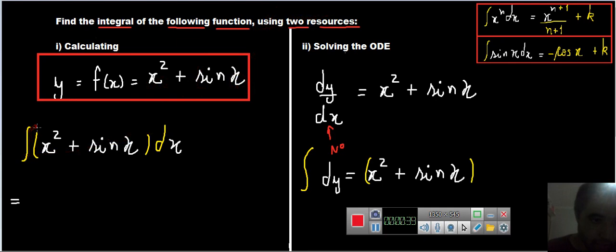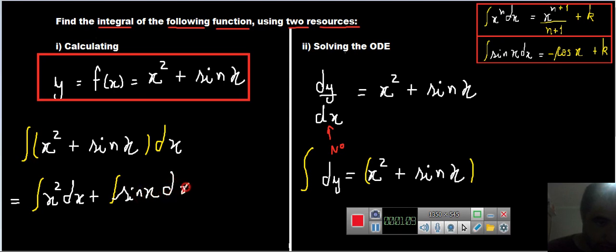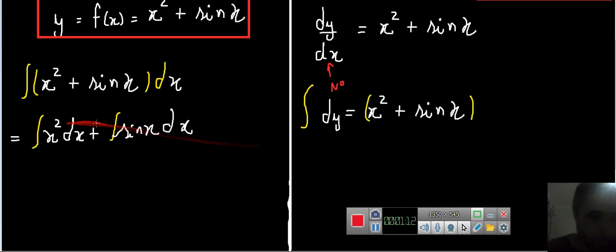So to integrate this, we must remember the integral of a sum of functions breaks into the sum of these integrals, okay? So we got right here the integral of x squared with respect to x plus the integral of sine of x with respect to x, okay?